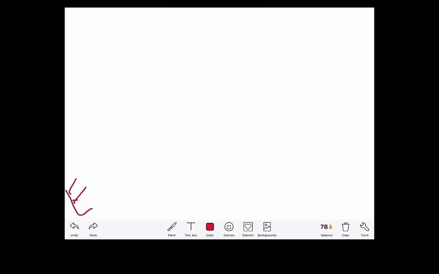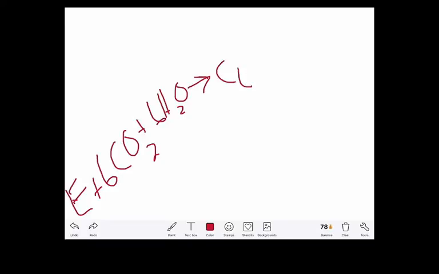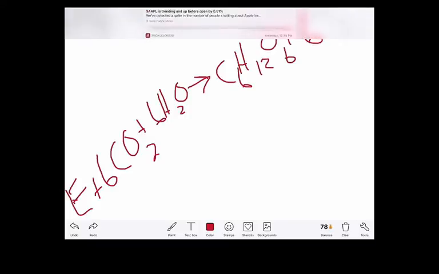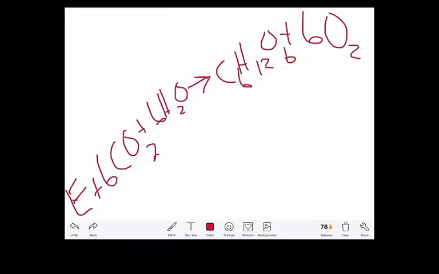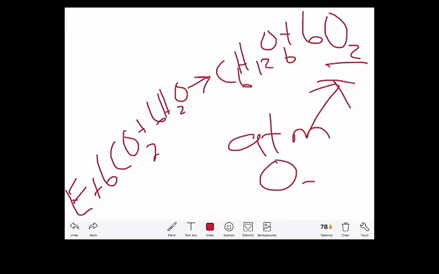Energy from the sun plus 6 carbon dioxides plus 6 H2Os gives us 1 glucose and 6 atmospheric oxygens.